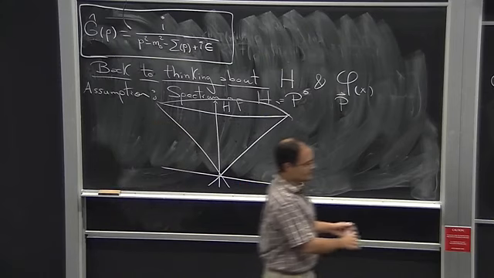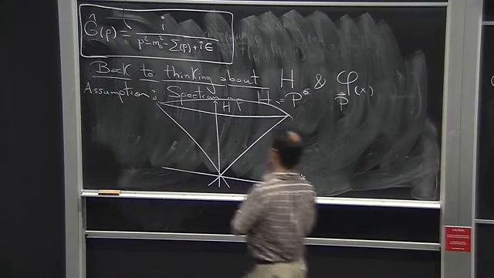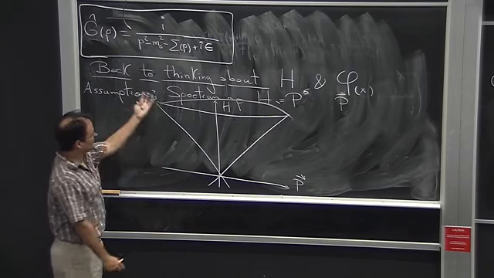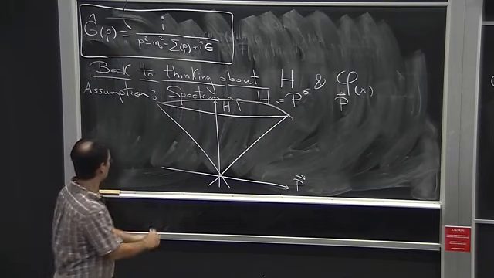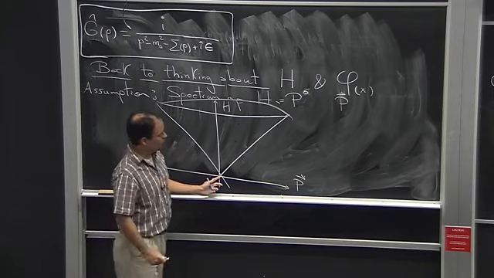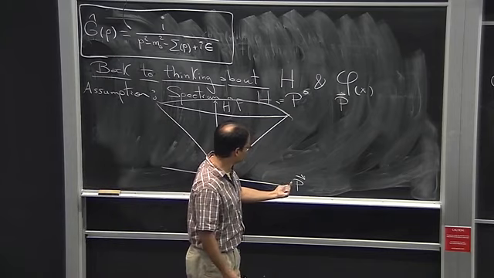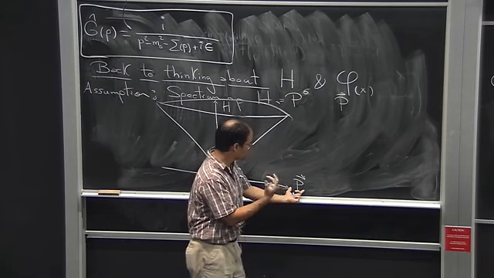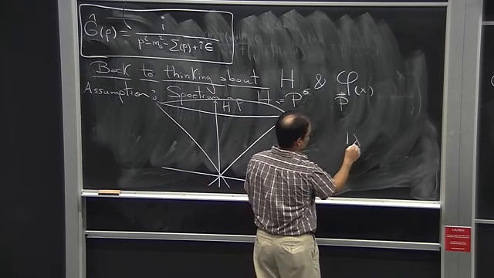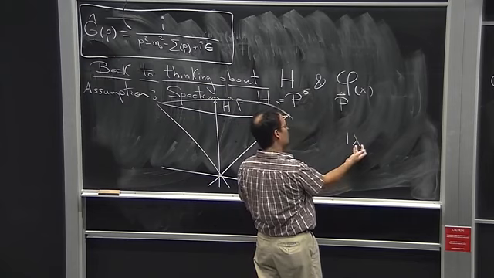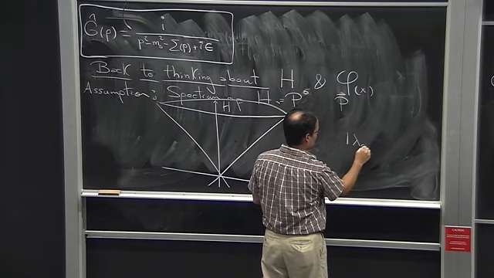The first assumption is that there exists a state that we can call a single particle state, which Peskin and Schroeder call lambda 0.